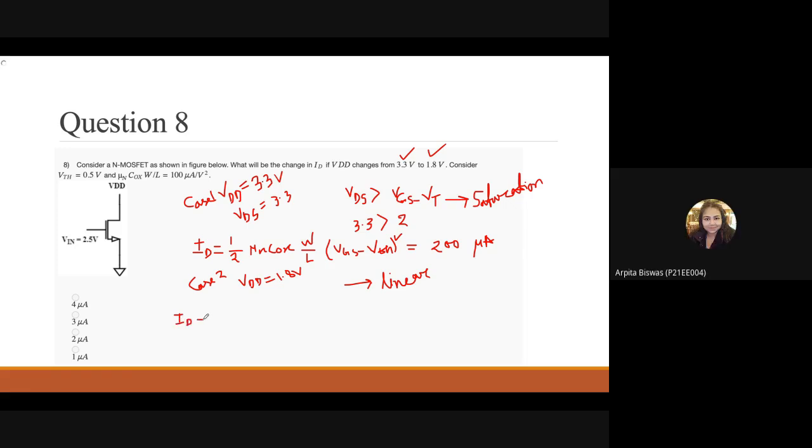So ID is equal to mu n COX W by L into (VGS minus VTH). ID is 198 microampere. Yes, 198 microampere.